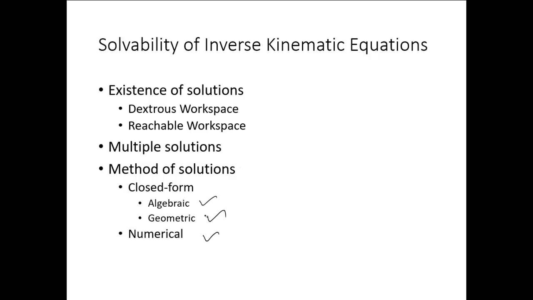Sometimes very simple manipulators can be solved with geometric methods, taking advantage of the structure of the manipulator. You can do some geometrical manipulations and find a solution. And for robots with complicated structures, where you have polynomials relating the end effector coordinates and the joint coordinates that have no closed solution, you need to resort to numerical methods.